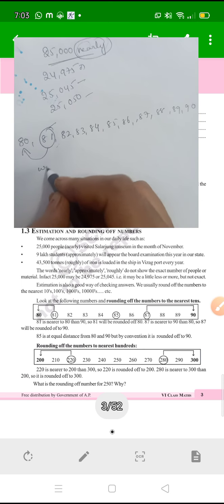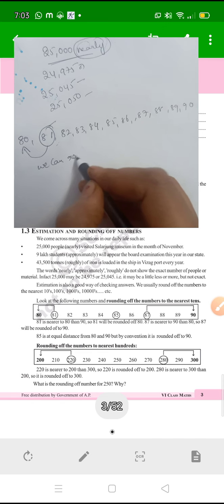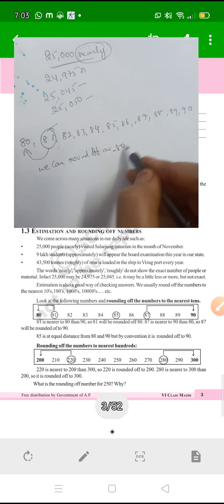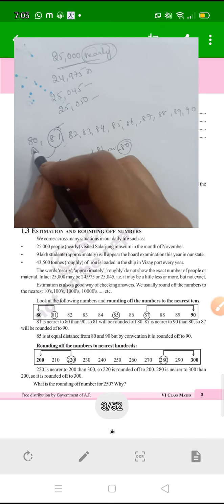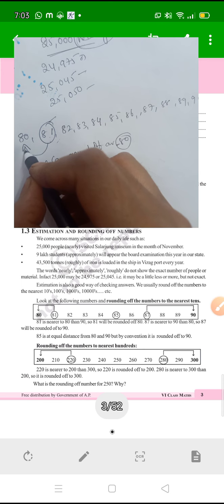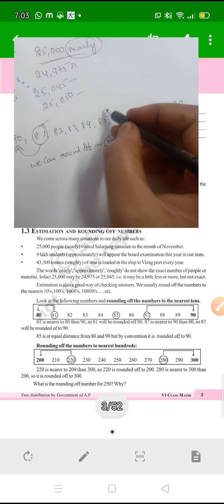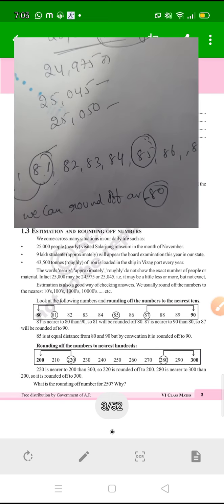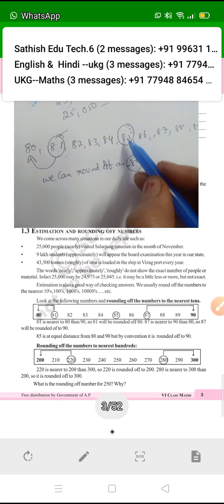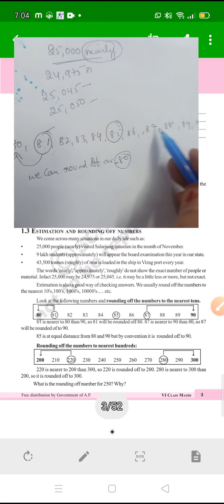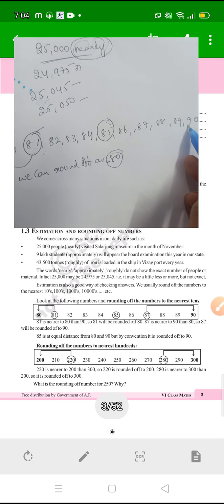We can round off 81 as 80 because it is near to 80. In the same way, if you observe 85, it is at an equal distance from 80 as well as 90.